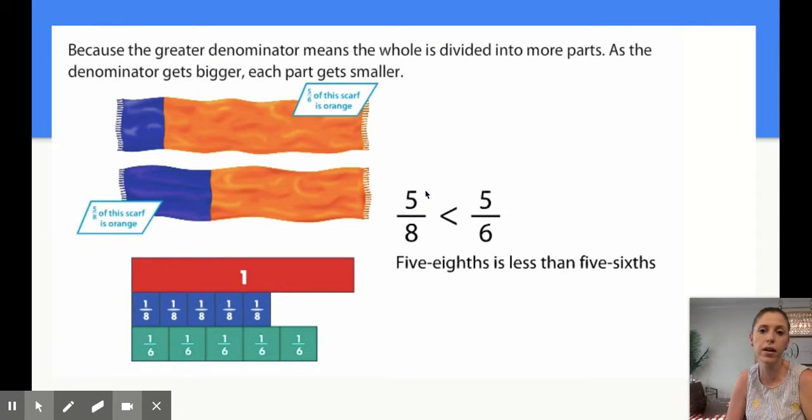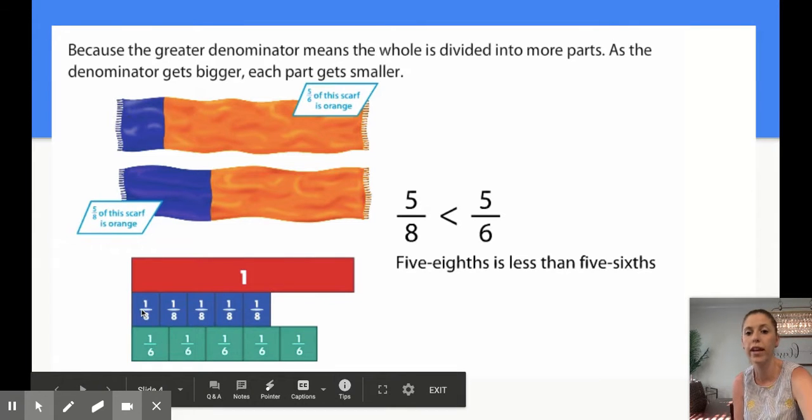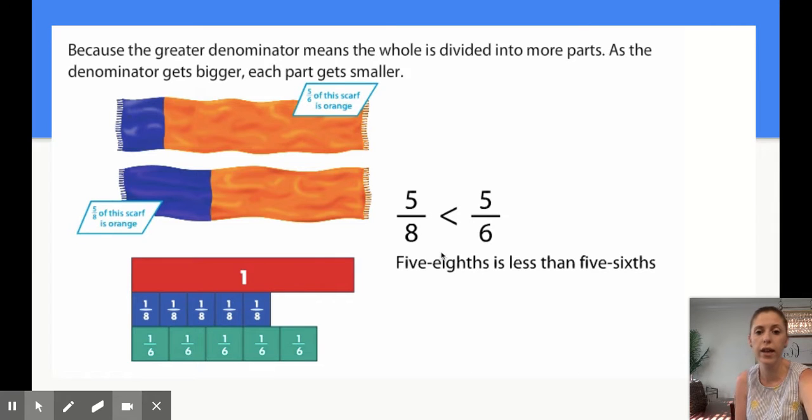You can also think about how the greater denominator means the whole is divided into more parts, so the greater the denominator, the smaller those equal parts will be. So as the denominator gets bigger, each part gets smaller. So 5/8, once again, is less than 5/6.